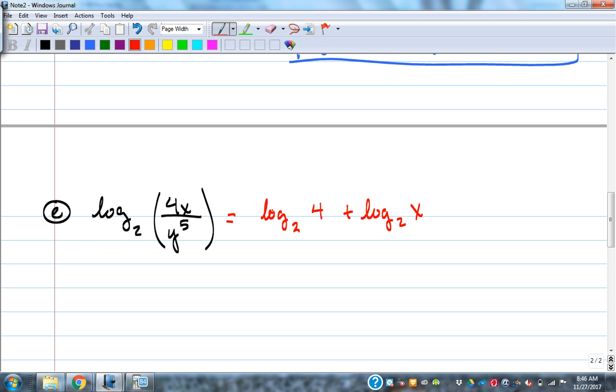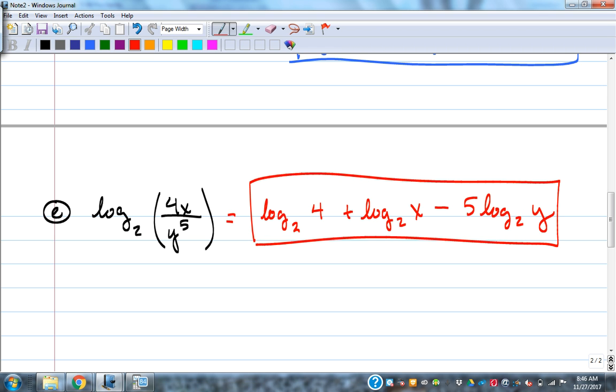And then for the 5 log base 2 of y, it's a minus, yeah. Yeah, there we go. And that's expanded there. So we're splitting apart the division. The things after the minus sign are division, and then the numerator was multiplication, so we made it addition.